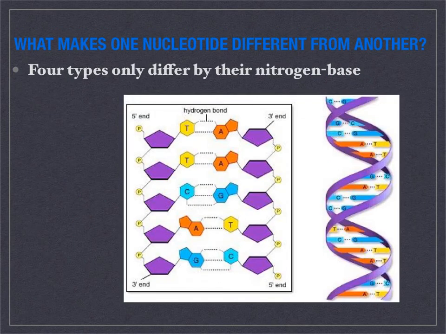Since the basic structure of a nucleotide is all the same, a phosphate, sugar, and base, the only thing that makes them different is which one of the four nitrogen-containing bases they have. So this first one right here would be thymine: the phosphate, deoxyribose sugar, and thymine as the nitrogen-containing base. The phosphate to the sugar is held by a covalent bond, and the sugar to the base is held by a covalent bond.